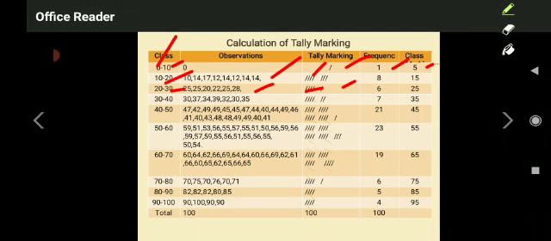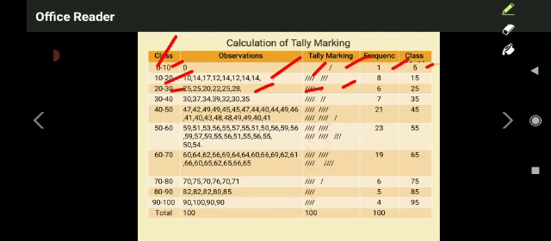So put maximum patience over here while writing observations in that observation column. Your observations must tally with tally marking and frequencies. If any mistakes are done in the observation column, tally marking and frequency, your entire answer will be wrong.